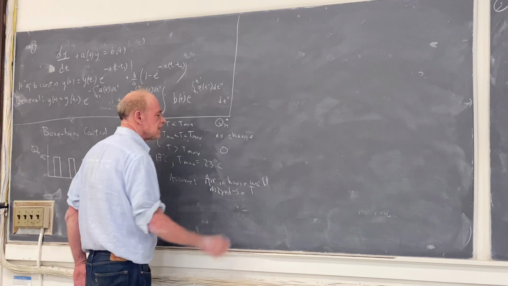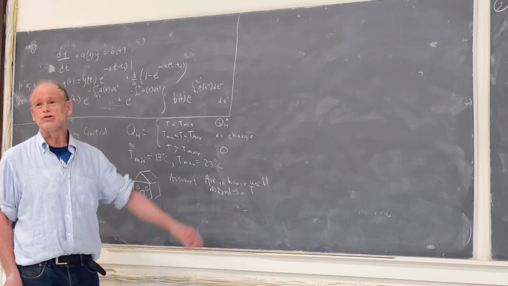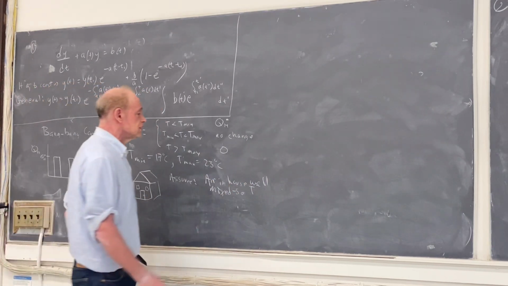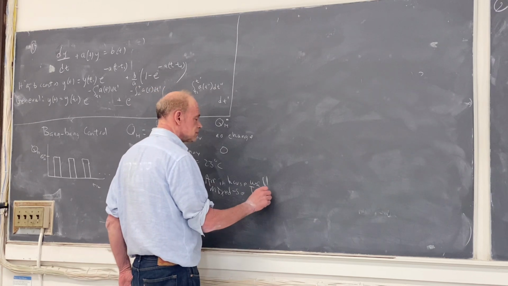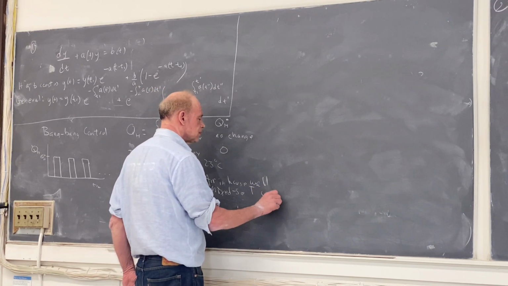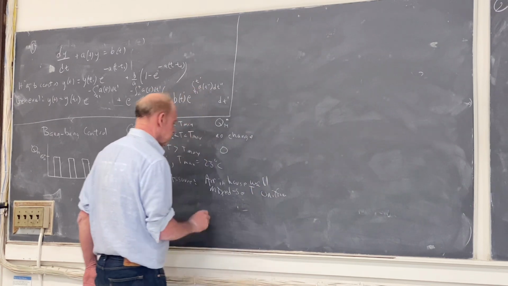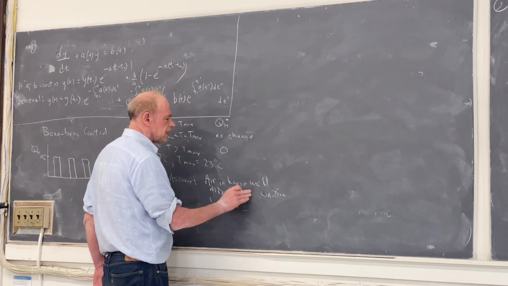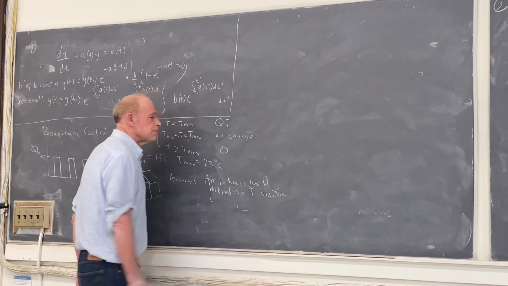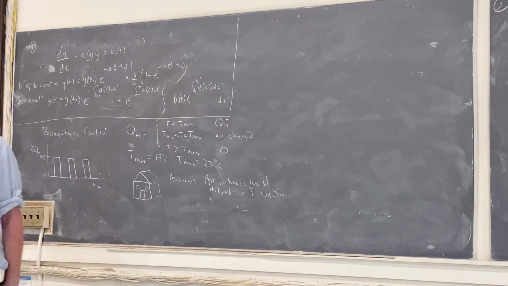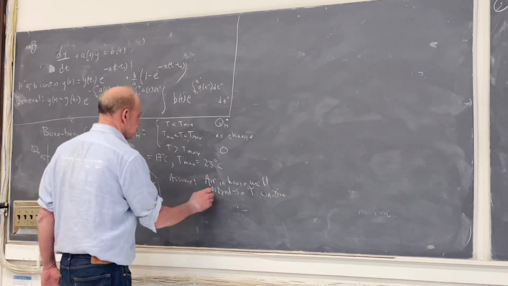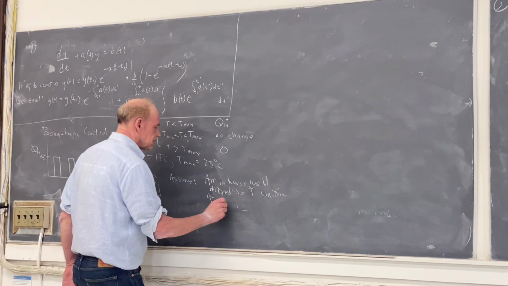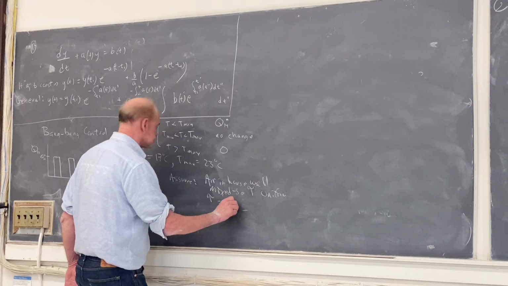So T in the house is the same everywhere, is uniform. And I don't want to use T, I'm going to use a script T, because I've been using T for time constant. So where script T is the temperature in the house.